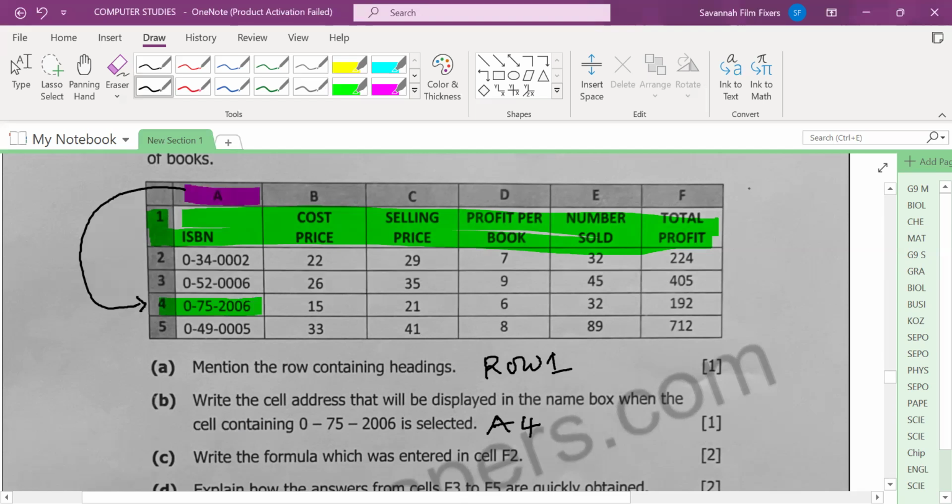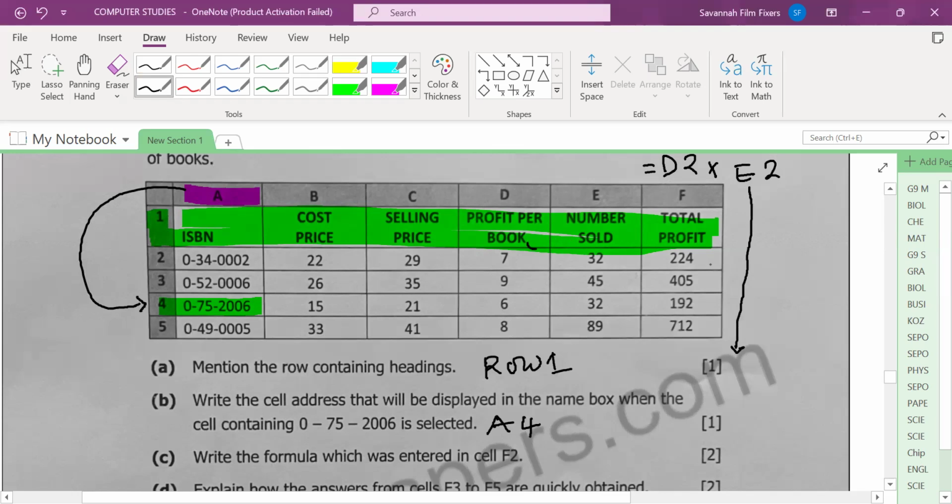Great. Now write the formula which was entered in cell F2. I want to multiply to get a profit. So input a formula here. Remember, the profit is calculated from columns D and E. So the formula has to translate to equals D2 multiplied by E2.